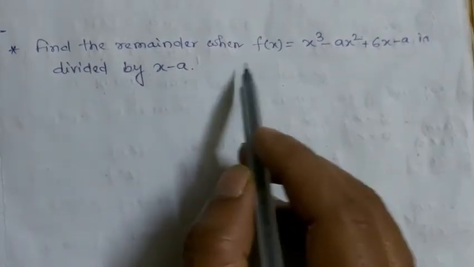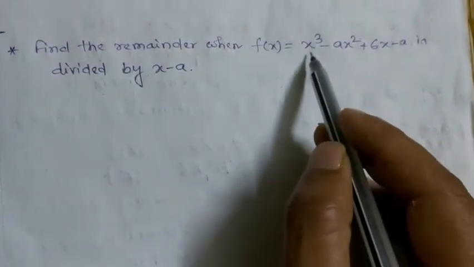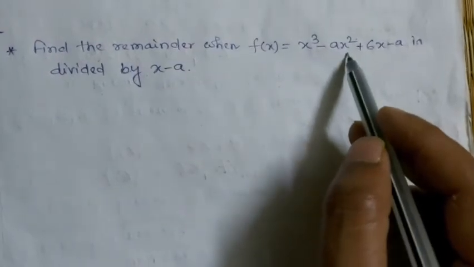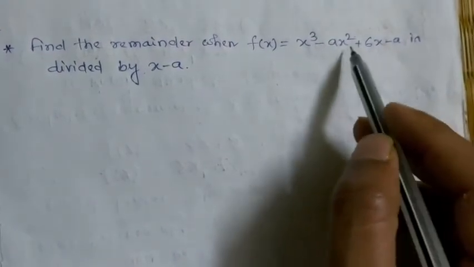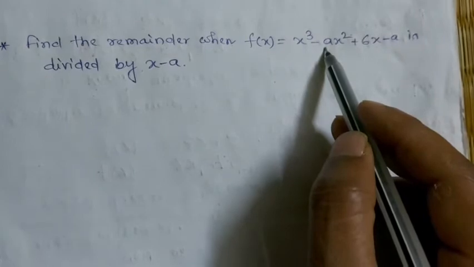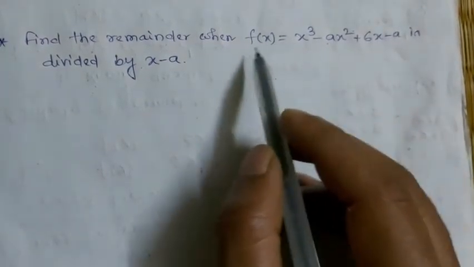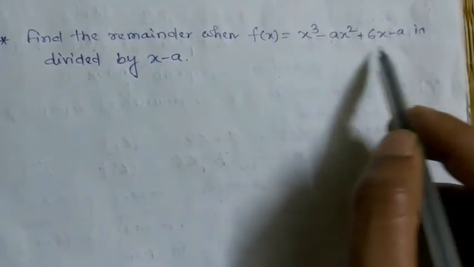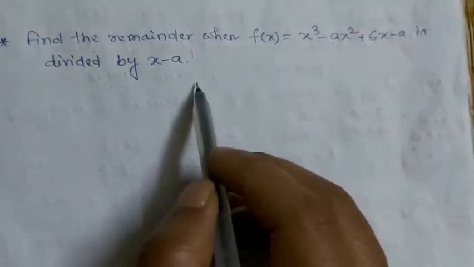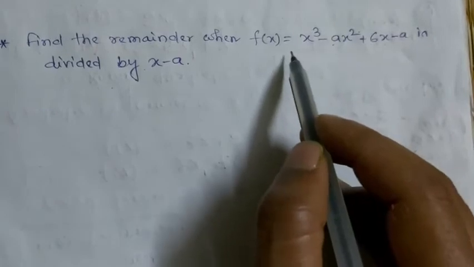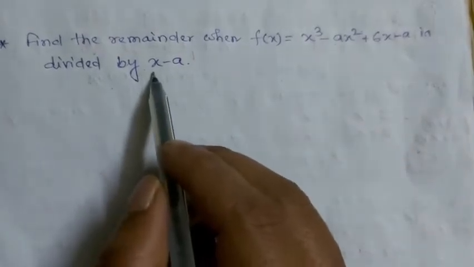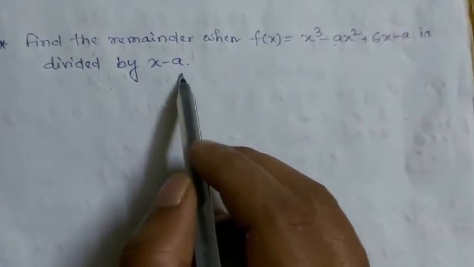Now an example. Find the remainder when f(x) is given as x cube minus ax square plus 6x minus a. Here a is a constant number. Find the remainder when this polynomial is divided by x minus a. So here the function is given and the divisor x minus a is given.